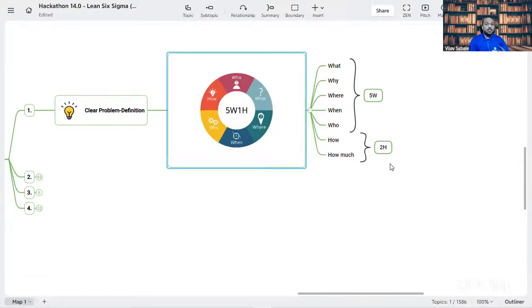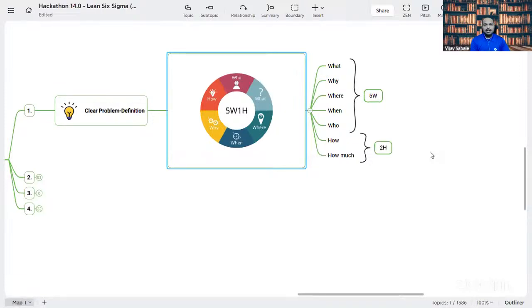Now, in which situation can we use 5W1H and 5W2H? It's up to you and the situation. If you can calculate the impact in terms of financials, then we can use how much. Even if you use 5W1H, that is more than sufficient because we have already created a clear problem definition.